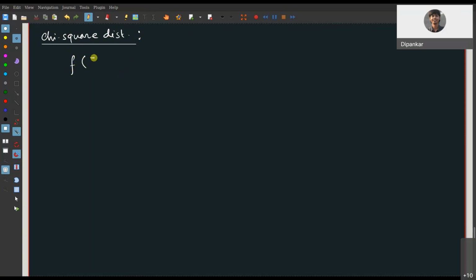So if z has parameter n, it would be given by 1 by 2 to the power n by 2, gamma n by 2, then z to the power n by 2 minus 1 and e to the power minus z by 2.